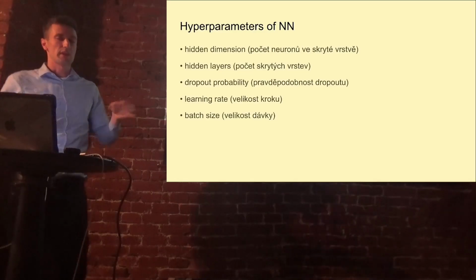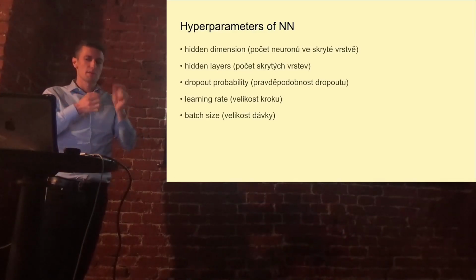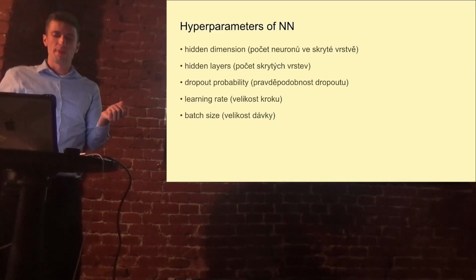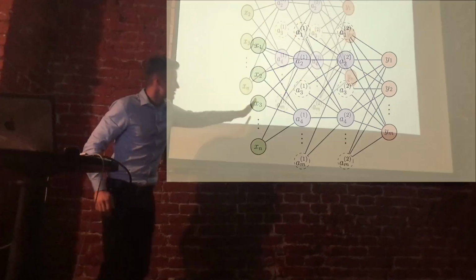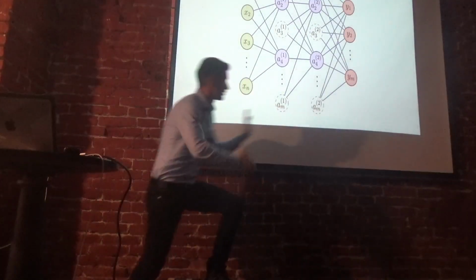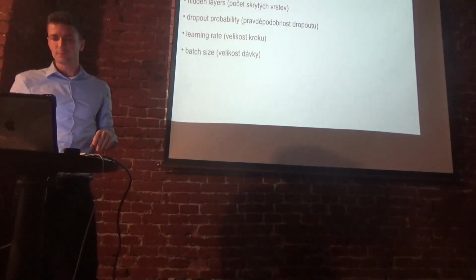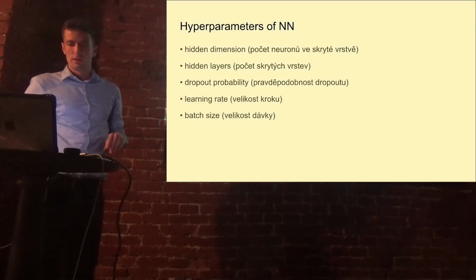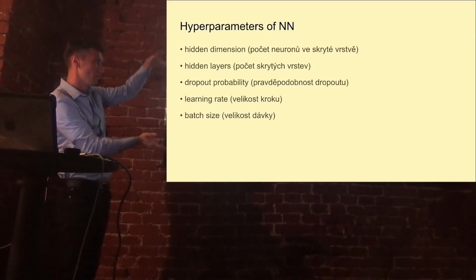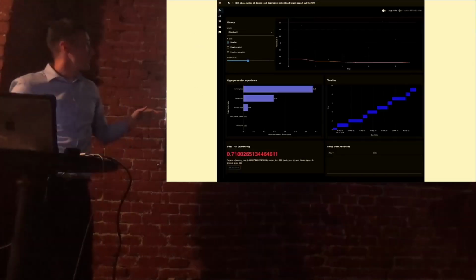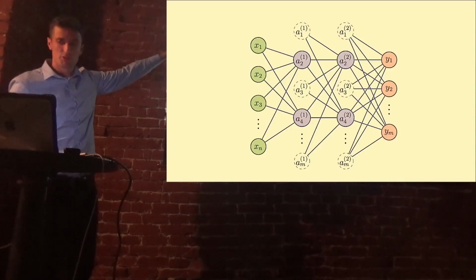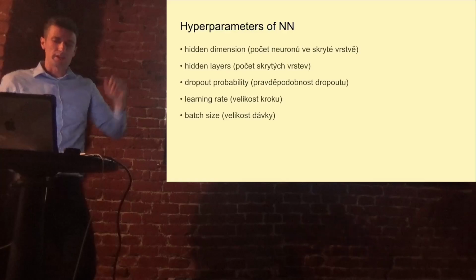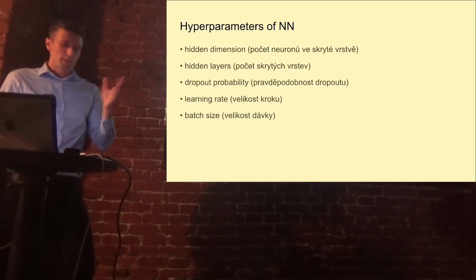We are basically trying to find the best optimal setting for the neural network, and one is the number of hidden dimensions: how many layers, how many dimensions it will have. It can be 3000 or just 10. It depends on the network. Some have bottlenecks, some are bigger. Dropout probability, I will not talk about that.